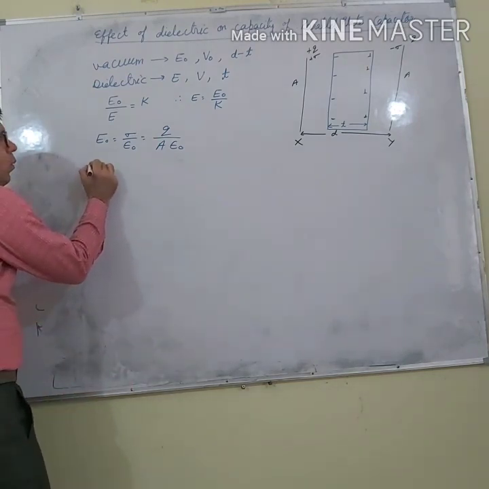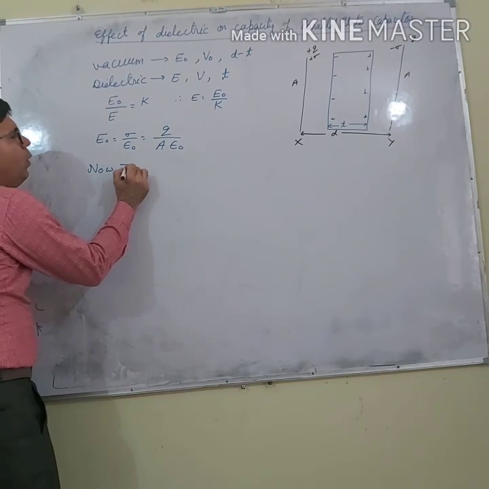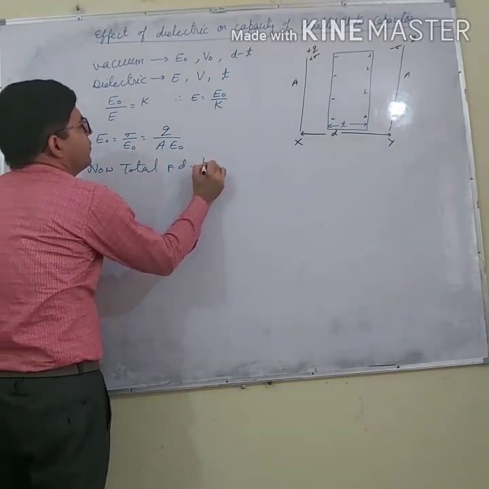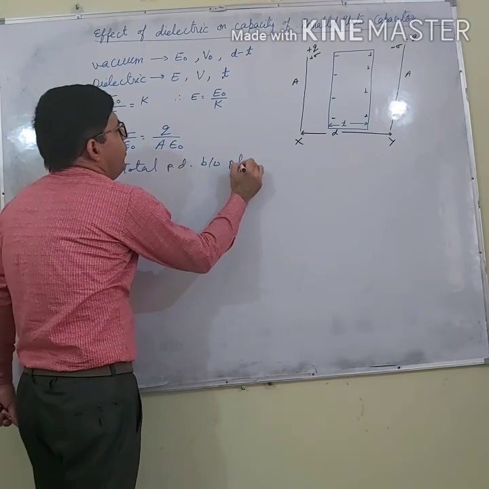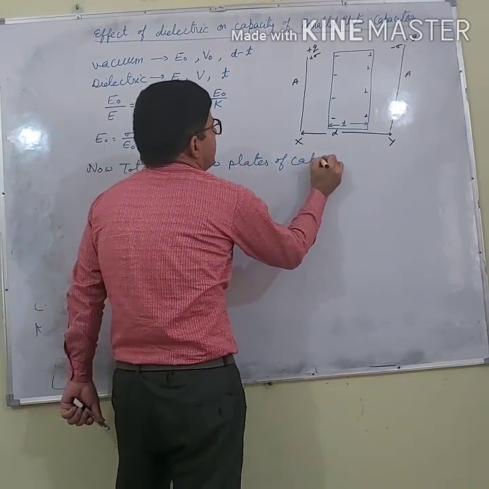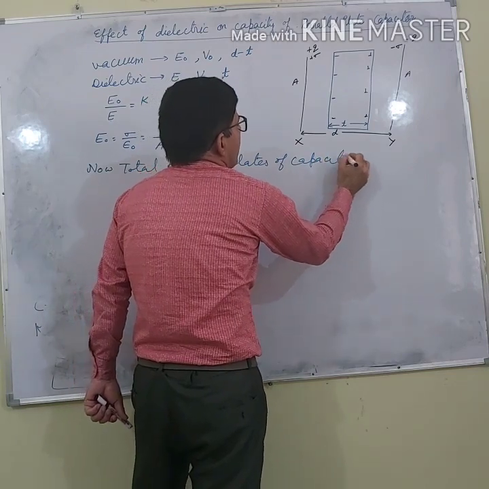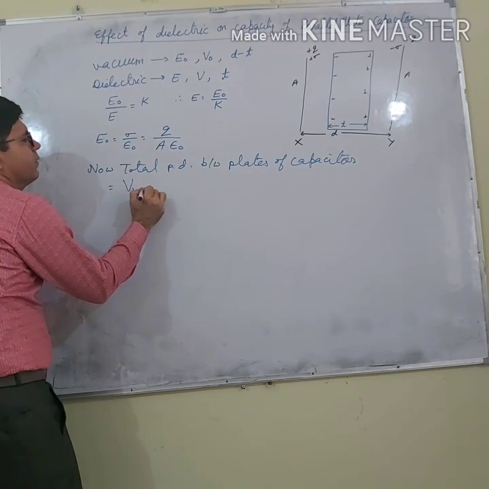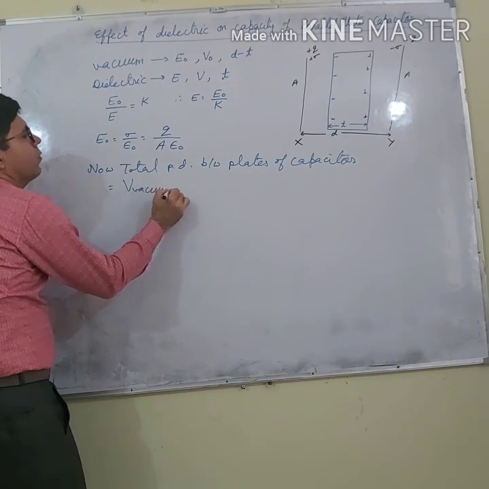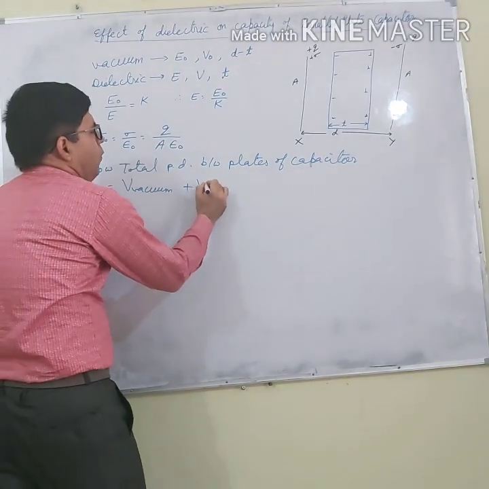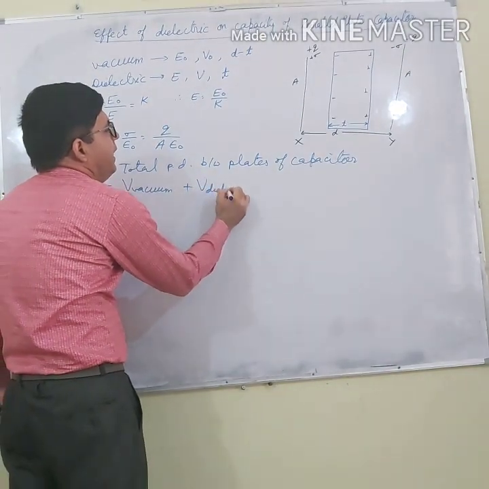Now, the total potential difference between the plates of the capacitor. How much is this? V naught because of vacuum, plus V because of the dielectric.